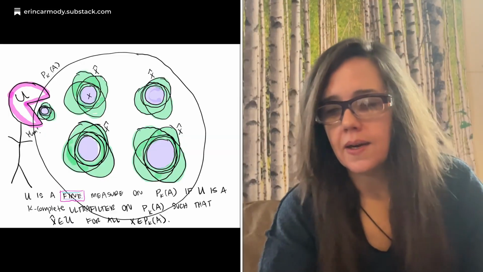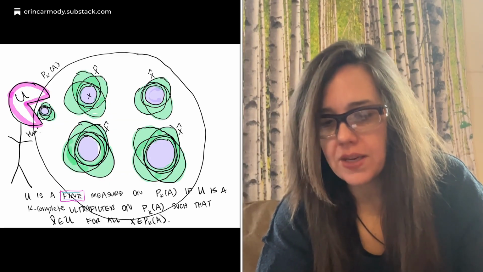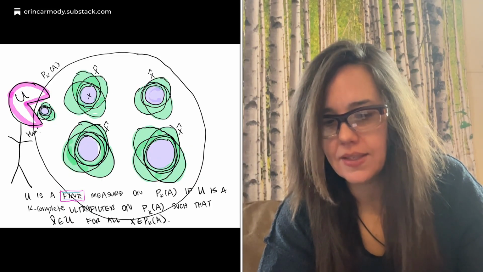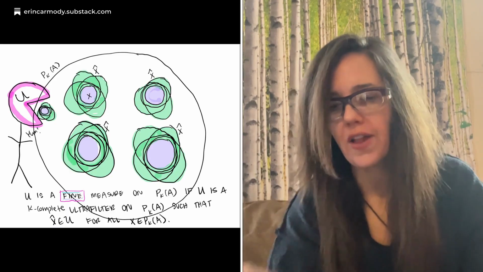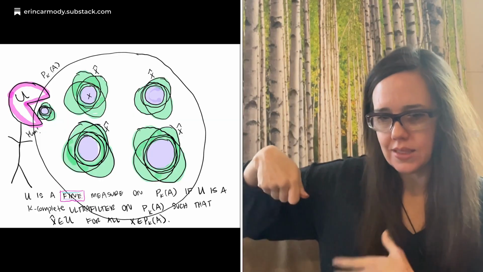Okay, so on the next slide. So U is a fine measure on P kappa A if U is a kappa complete ultrafilter on P kappa A such that x bar is in U for all x in P kappa A. So it's all these little flowers that this guy wants to eat. I think he's going to eat it, or maybe he's going to put it in his basket.